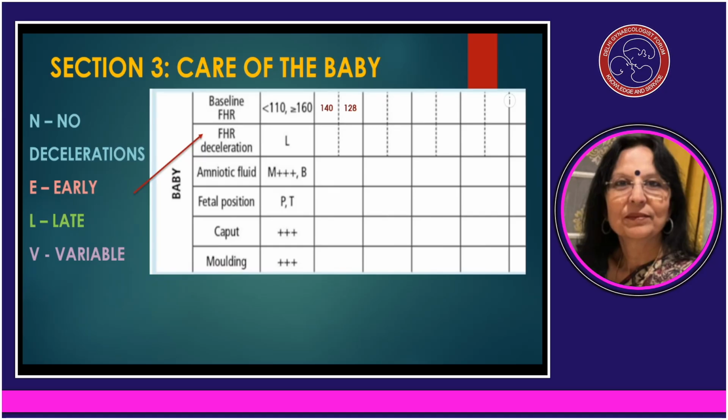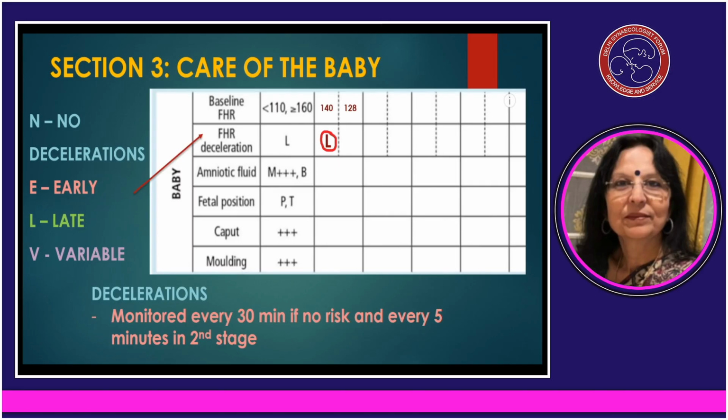And late is the most ominous one, which is usually due to uteroplacental insufficiency, or because of fetal hypoxia, fetal acidosis. So this L is an alert. If we are writing L, we will encircle it, because L is an alert.